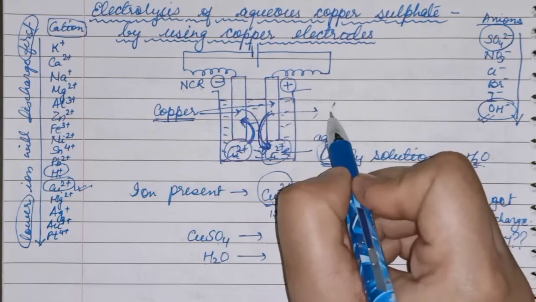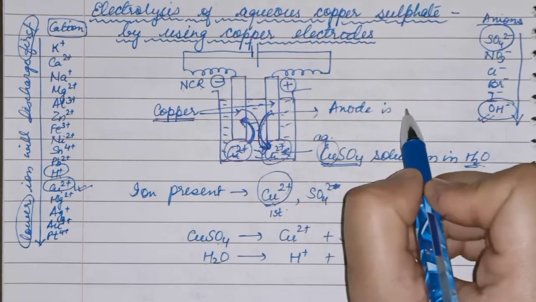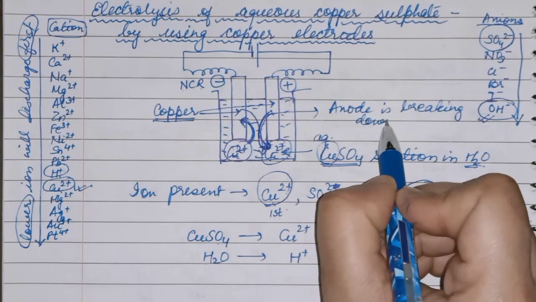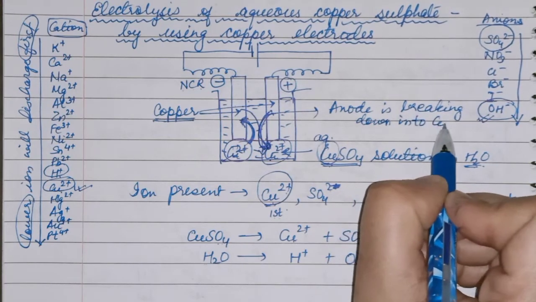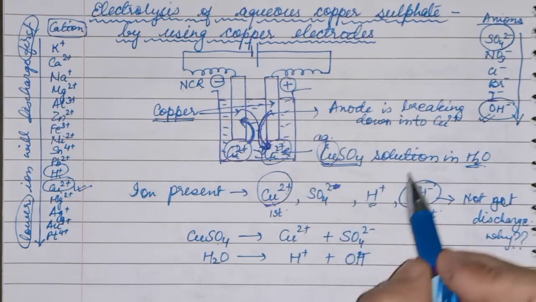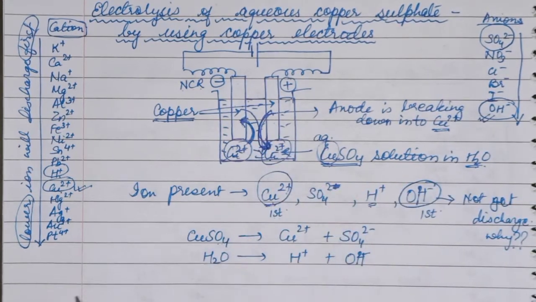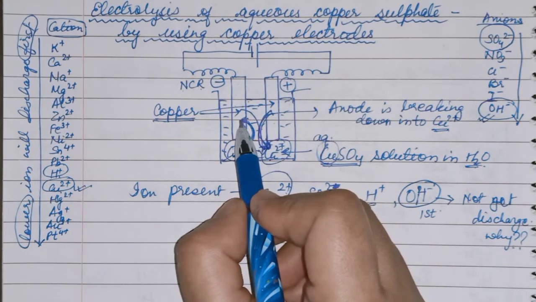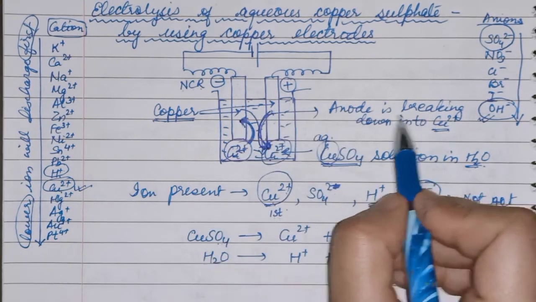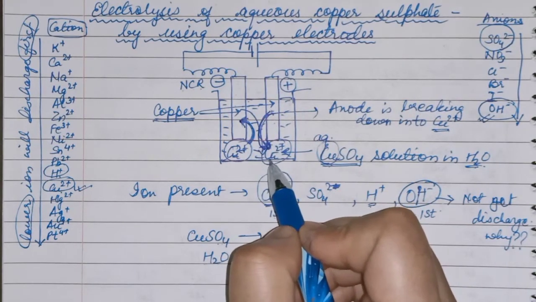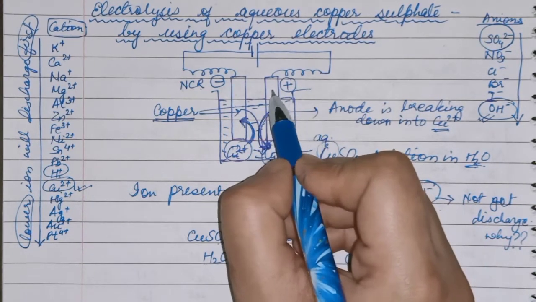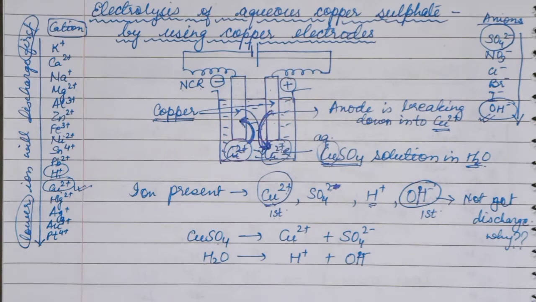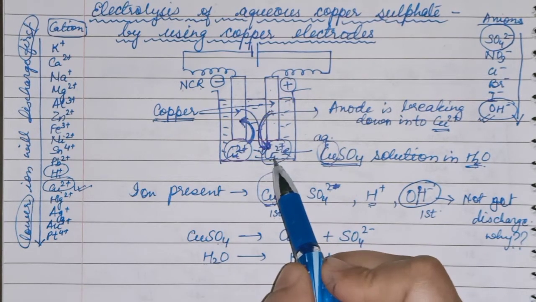That means the anode is breaking down into Cu2+ ions. The anode is made of copper, and when Cu2+ is getting deposited over the cathode, at the same time the anode breaks down and forms Cu2+ ion, leaving behind 2 electrons, and those 2 electrons get transferred to the cathode.